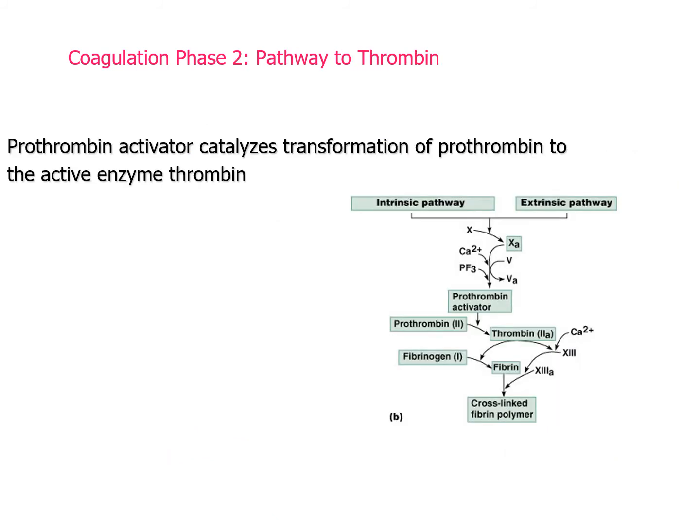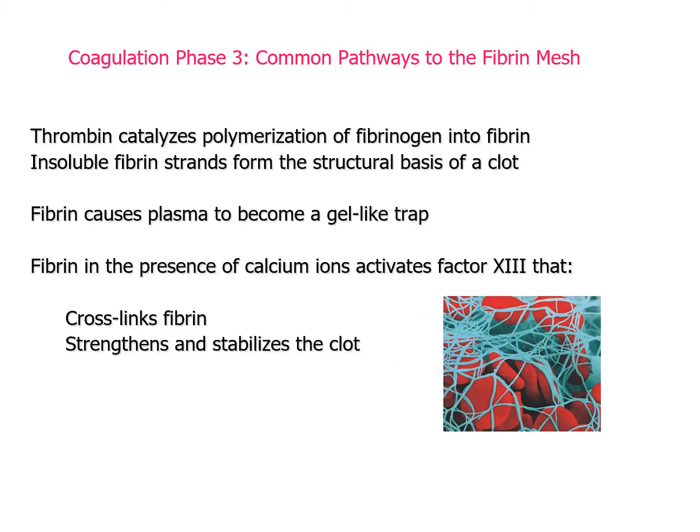Prothrombin activator catalyzes the transformation, cleavage activation of prothrombin to thrombin, the active enzyme thrombin, right here. And thrombin acts on fibrinogen, causing polymerization of fibrinogen to fibrin.